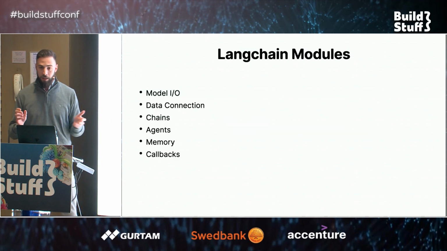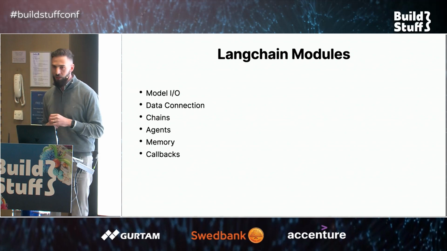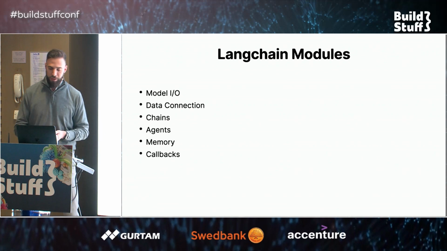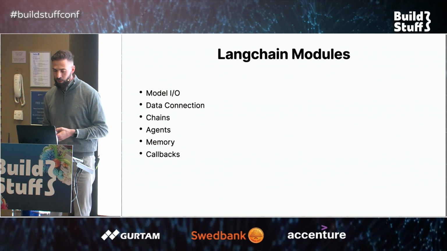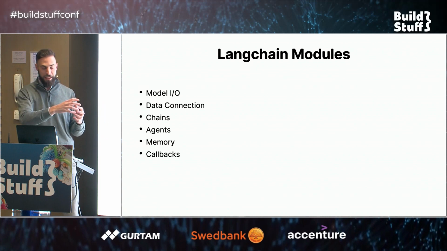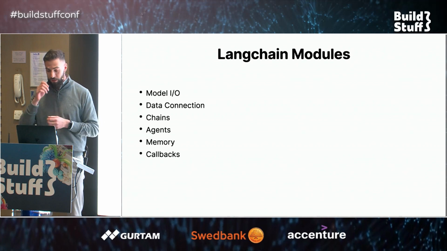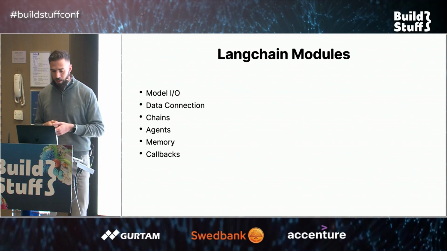LangChain consists of a few different modules. We have the model I/O, which are interfaces to communicate with different large language models. We have a module called data connection, which is a set of interfaces to deal with external data. We have chains, which are predefined sequences of interactions.